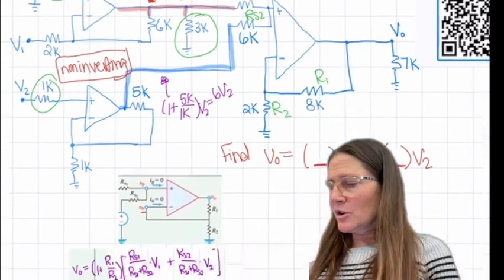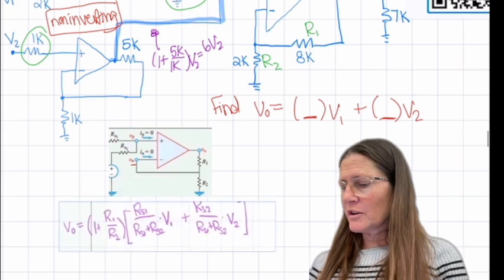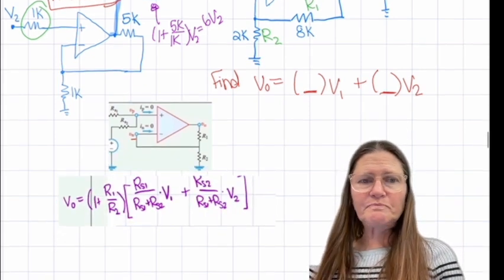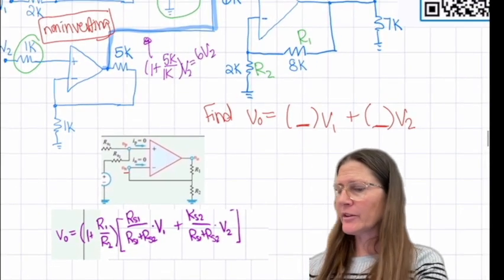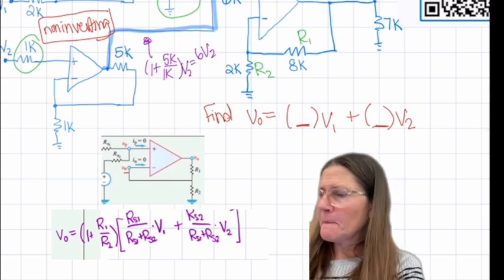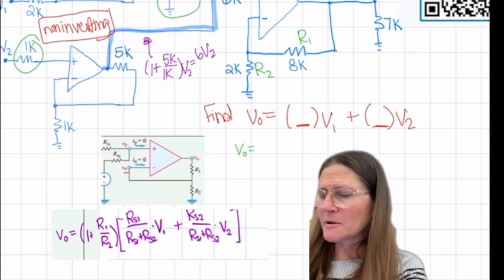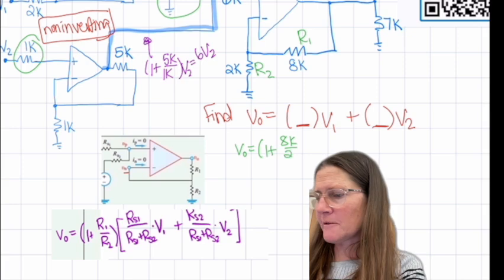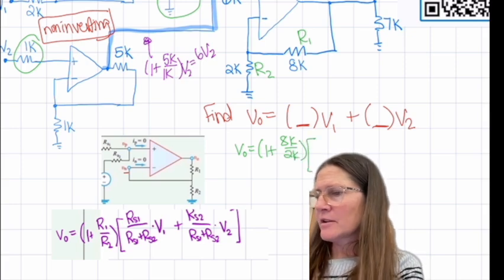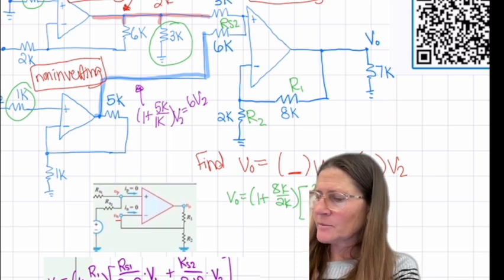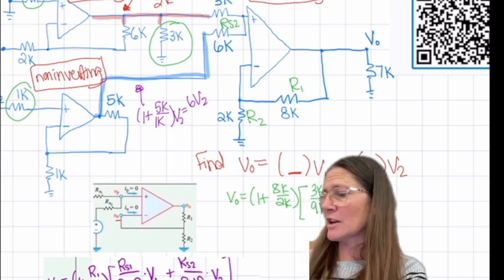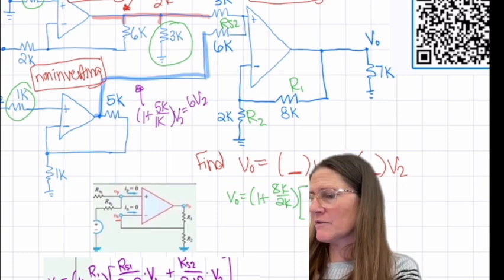From this one, you can go back to the equation for the non-inverting summer, which is this one. So you have to identify what those values are. In this case, V out will be 1 plus 8K over 2K, times 3K over 9K, times the input there, which is negative 3V1.